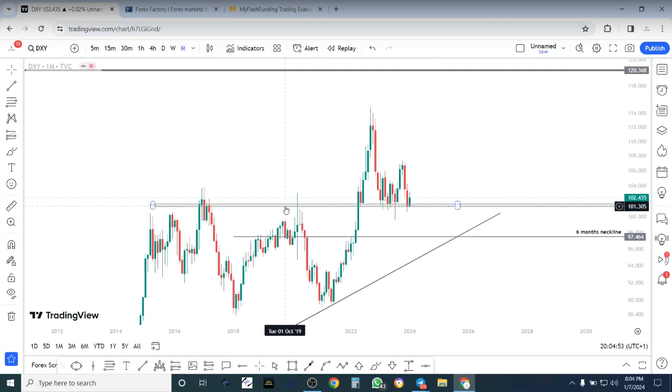So if we see January close above this support level, then price may just jump to the upside from there, which my next target will be around the top here as my first target. Then second target would be at 120.368, right? So it depends on how we close for the month of January.